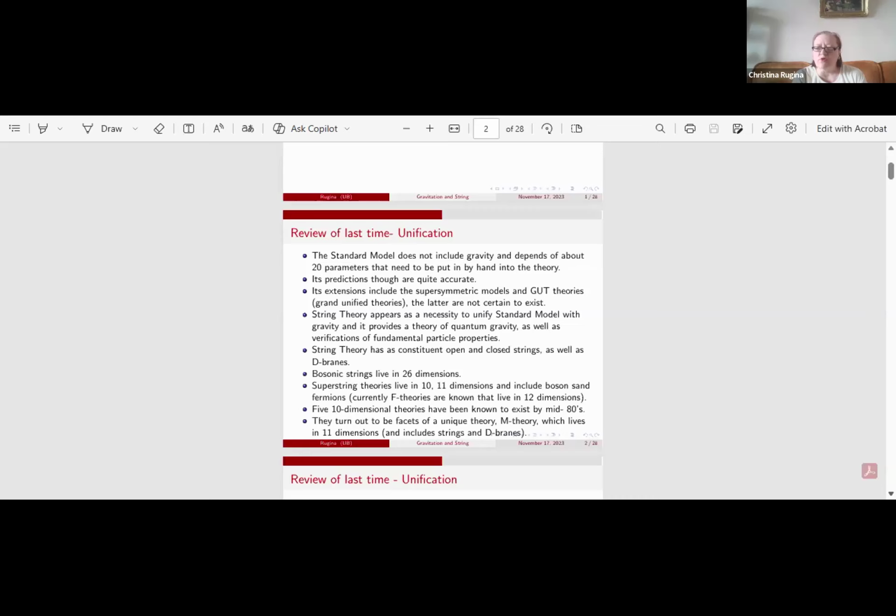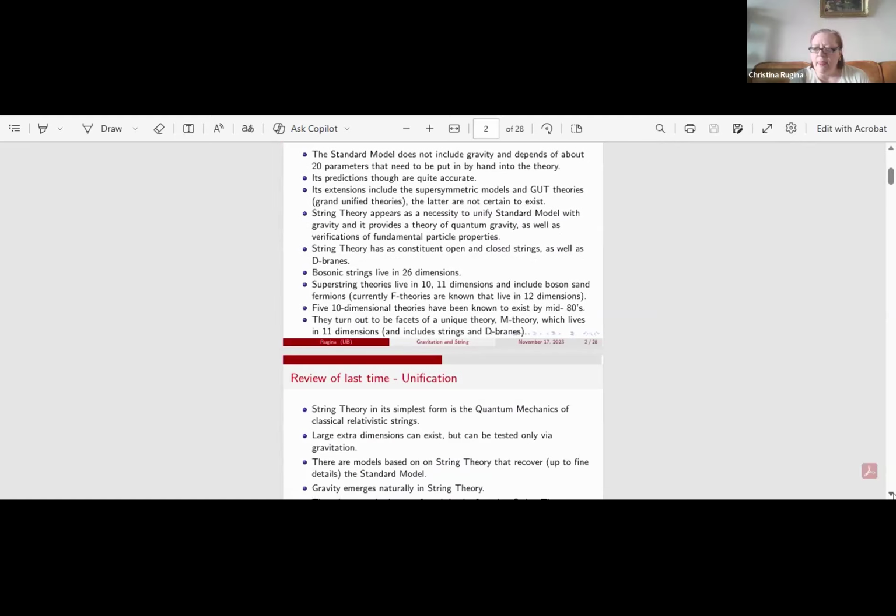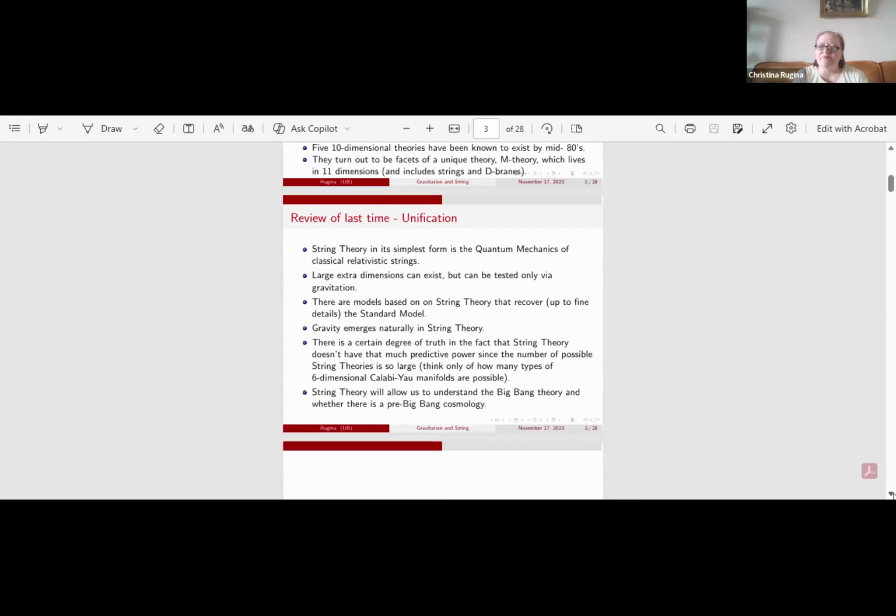We learned last time also that space-time is not continuous, but very likely a grid. There are trans-Planckian modes, so beyond the grid, which has a side of Planck length.